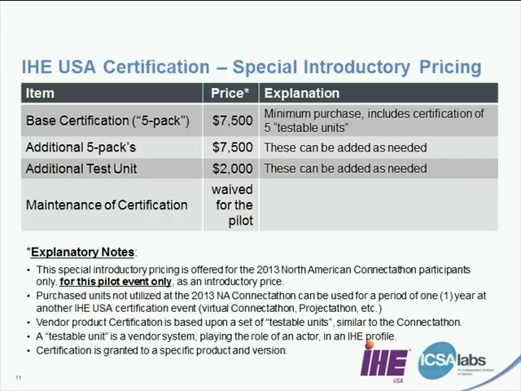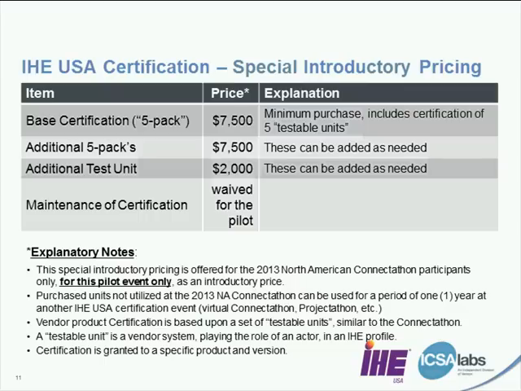We understand that this is a pilot, and we are offering, as a result of that, special introductory pricing for this year's Connectathon only, the 2013 North American Connectathon. So let me walk through what the pricing is going to look like. First of all, the minimum entry point is what's called a basic certification, which is a 5-pack. A 5-pack allows the testing of up to 5 testable units.